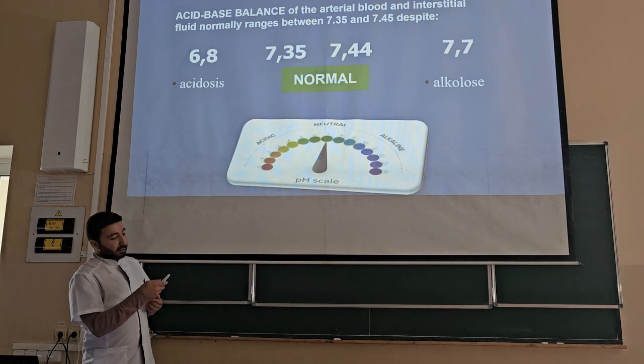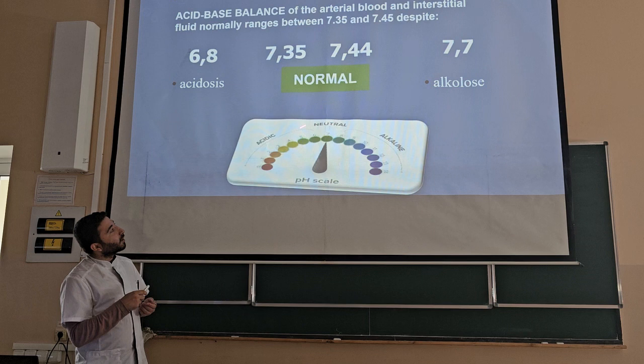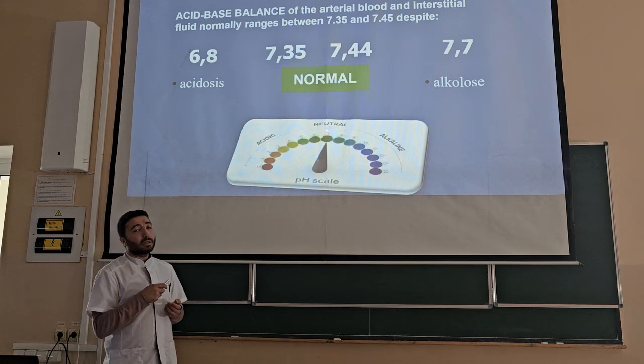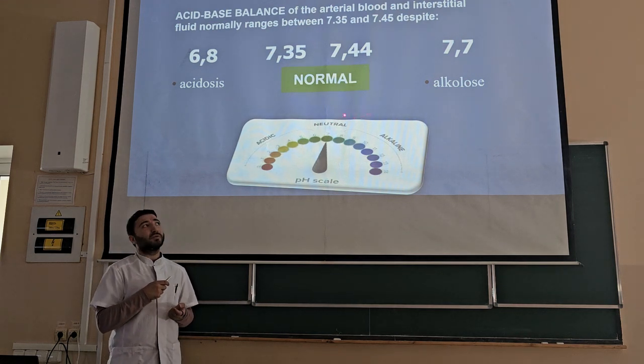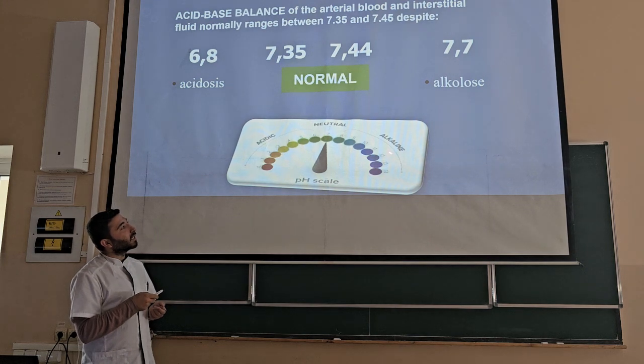You can see here that the scale of the pH gives us the natural or normal average, and also shows the alkaline and the acidic.